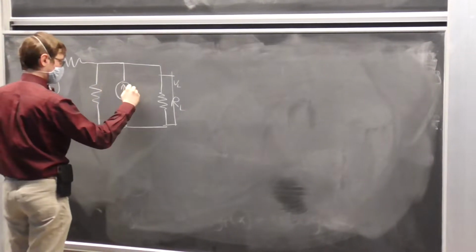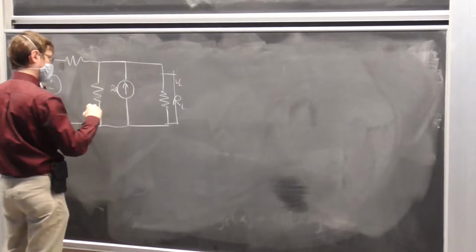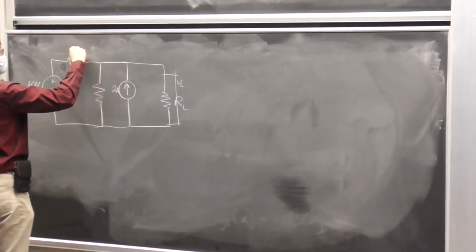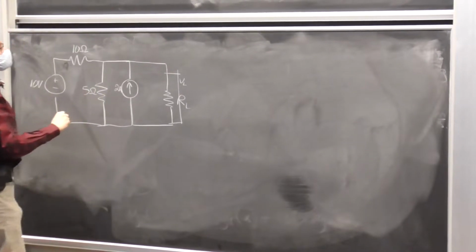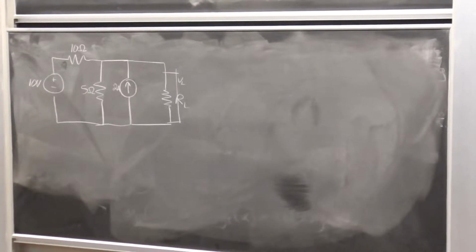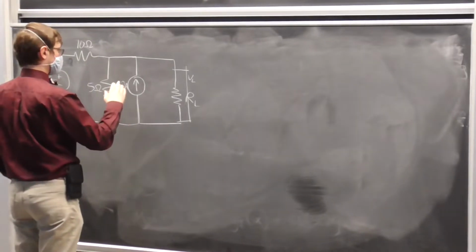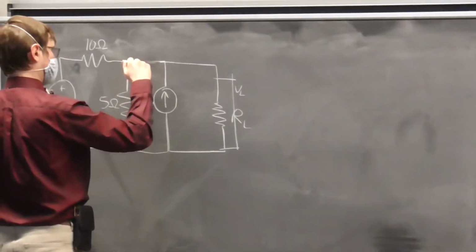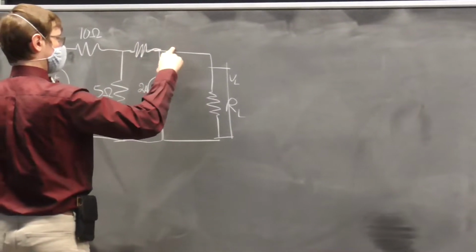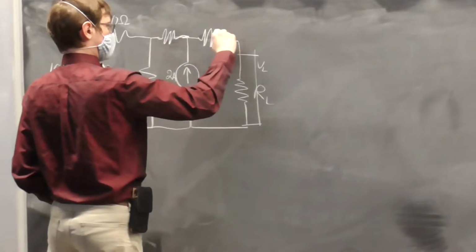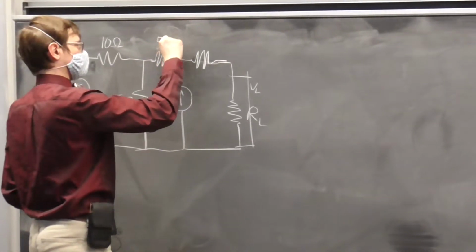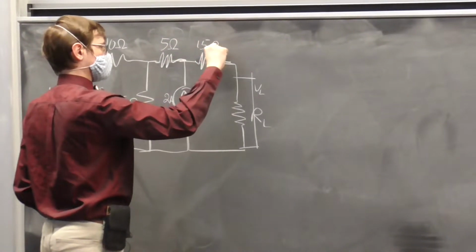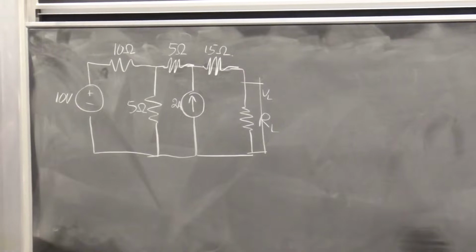Say this provides 2 amps. This is 10 ohms. This is 5 ohms. And let's just put another resistor here, and another resistor there, just for the sake of argument. 5 ohms and 15 ohms. Here's a circuit.